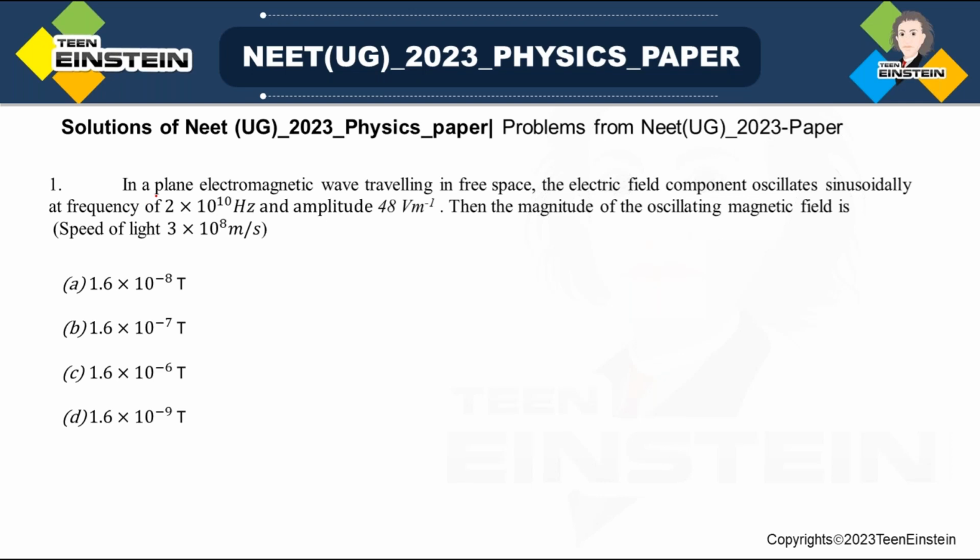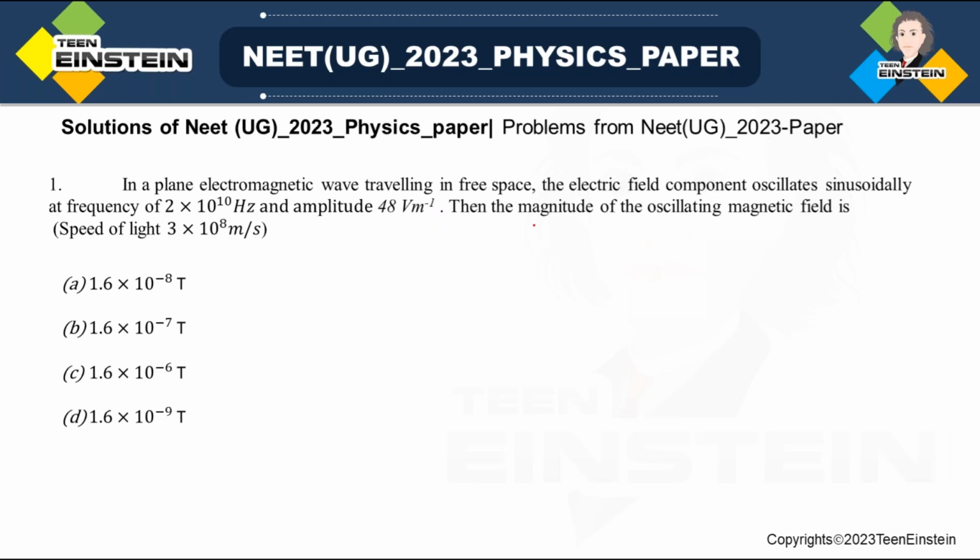So the first question says, in a plane electromagnetic wave traveling in free space, the electric field component oscillates sinusoidally at frequency of 2 into 10 to the power 10 hertz, amplitude 48 volt per meter.